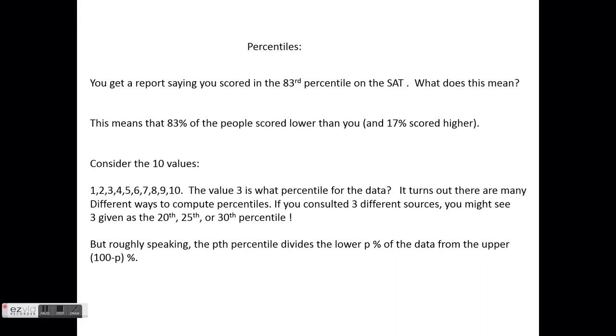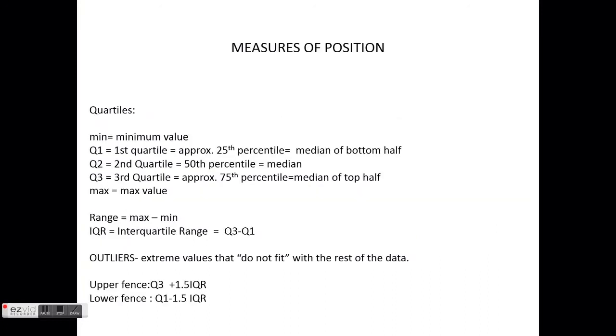So we're going to look at some specific measures of position, and we have what's called a 5-number summary.